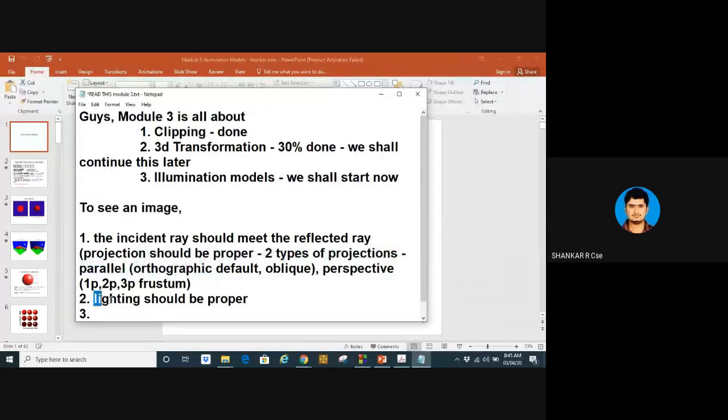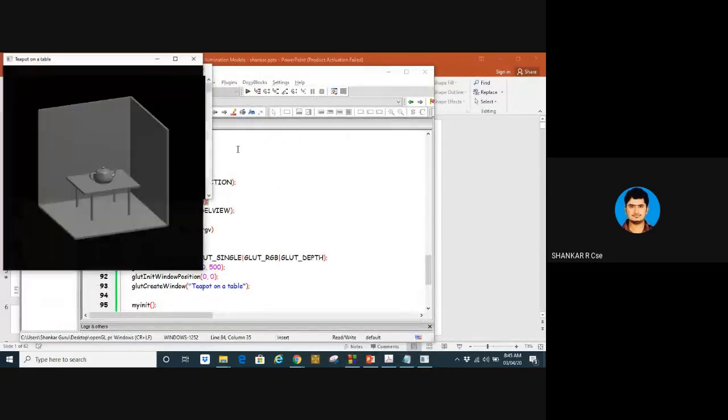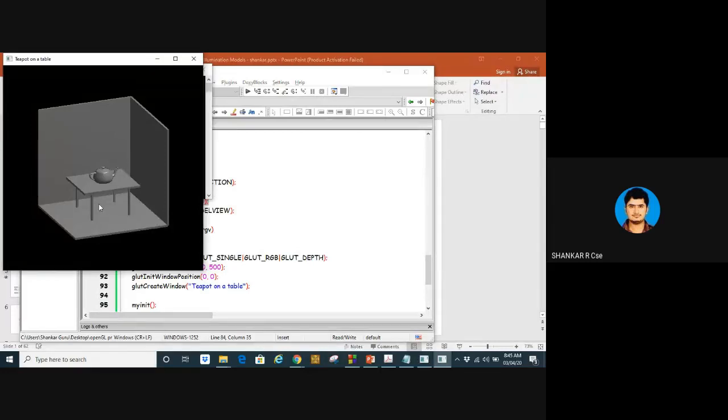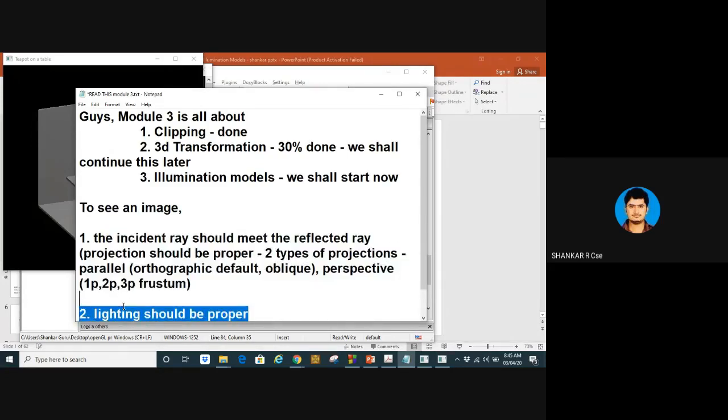So assuming that the projection is proper, if I don't do this second concept, that is, if I don't set my lighting properties, I will not see my image. That is the crux of today's topic. For example, let us say I run this program and you are seeing this particular teapot image. If you are seeing this, I should be done with this and I should also be done with this.